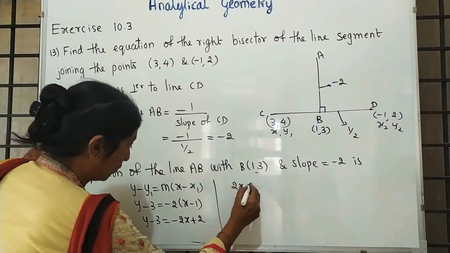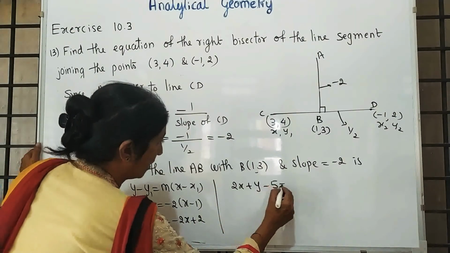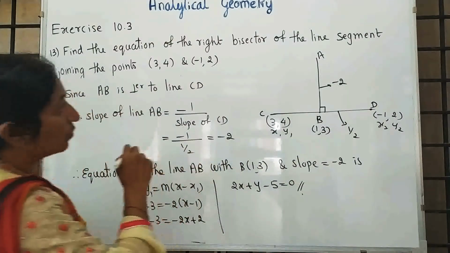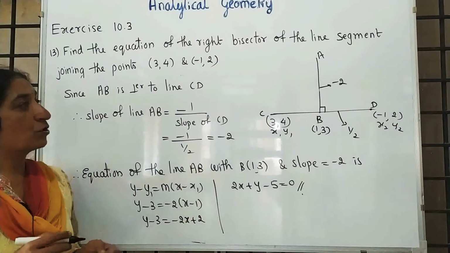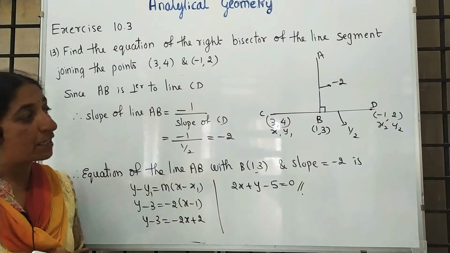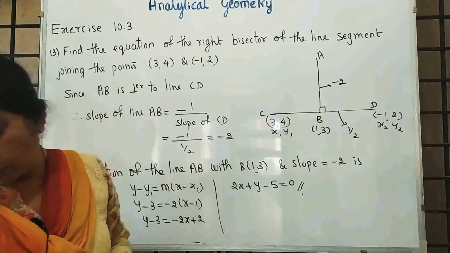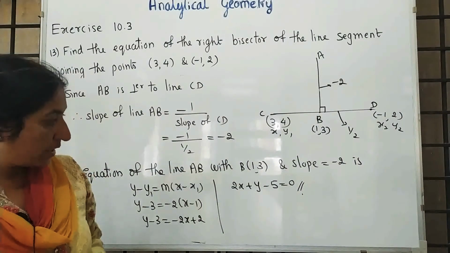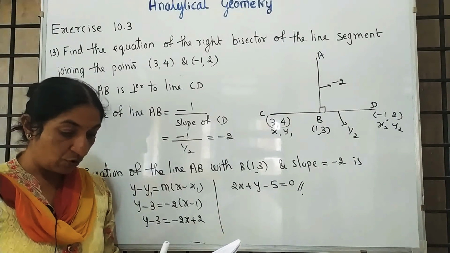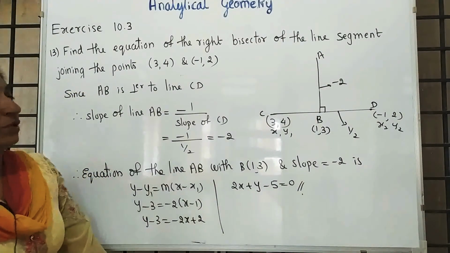This is 2x plus y minus 5 is equal to 0. This is the equation of the right bisector of the line segment joining the points (3, 4) and (minus 1, 2): 2x plus y minus 5 is equal to 0. Now moving to the next question.